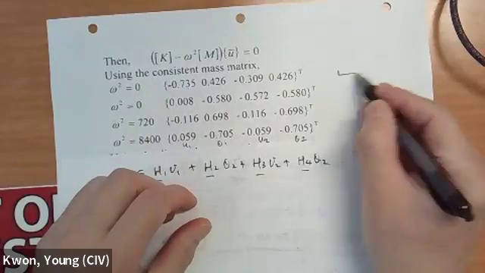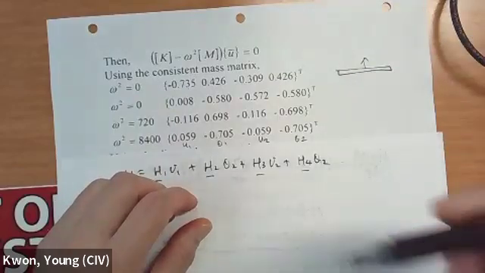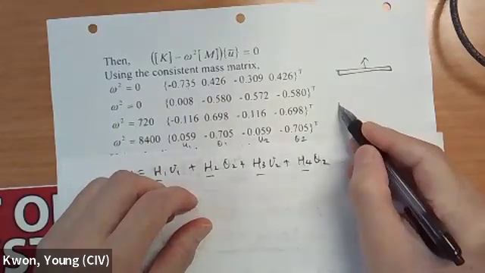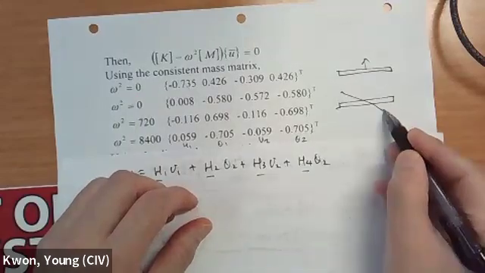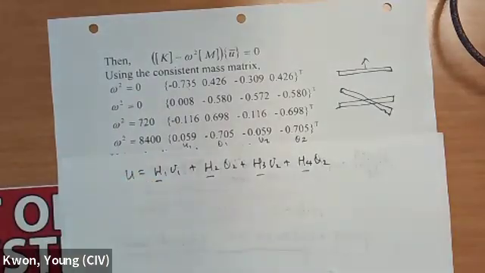So one is going to be linear, transverse, right? And the other one is going to be rotational. So you have two different rigid body motions: translational rigid body motion and rotational rigid body motion. So you are going to have two zero eigenvalues.